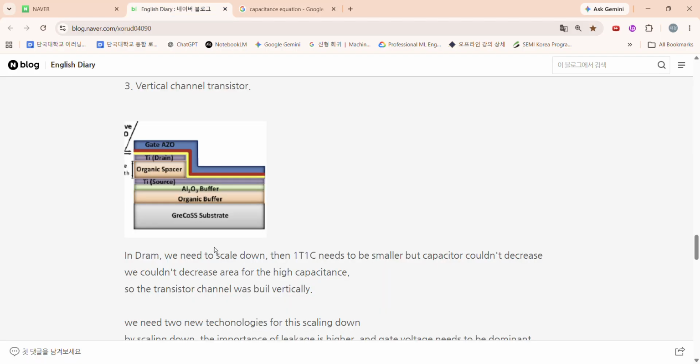So we are considering to decrease the transistor size. If the transistor channel is in the horizontal direction, then it can occupy broad space. So the transistor channel is built vertically.